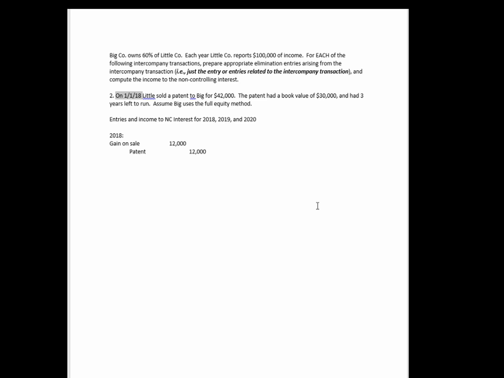The correct amortization expense is $30,000 over 3 years, or $10,000 per year. So we need to go ahead and fix the amortization expense. We're going to undo $4,000 of amortization expense. So we debit the patent and credit amortization expense.